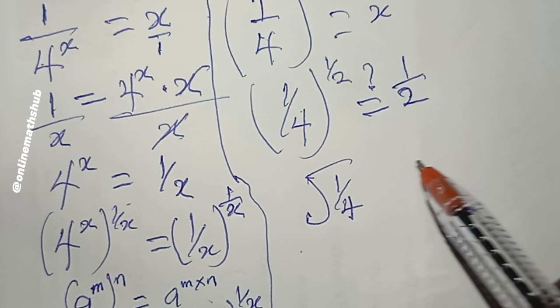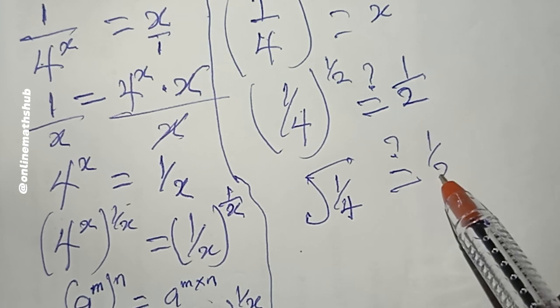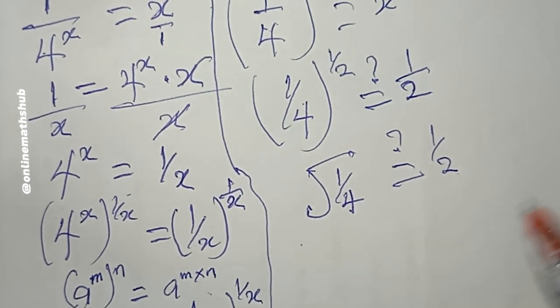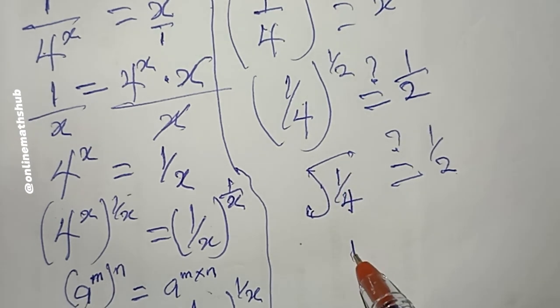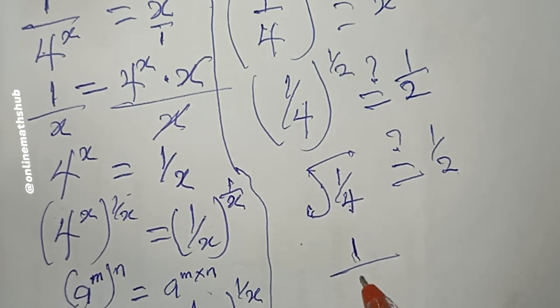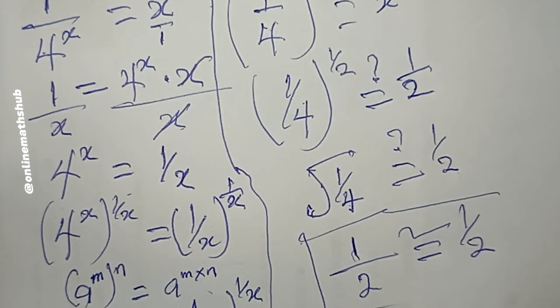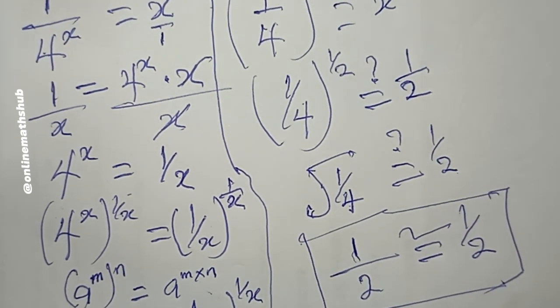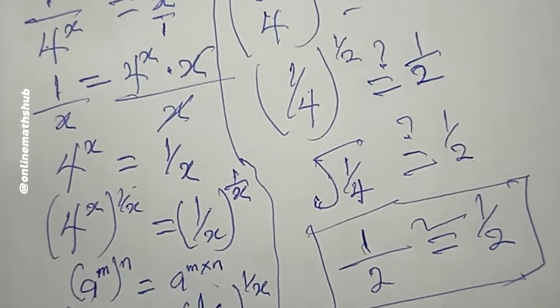The square root of 1 is 1 and the square root of 4 is 2. So it is the same, which shows that x equals 1/2 satisfies the equation we are solving.